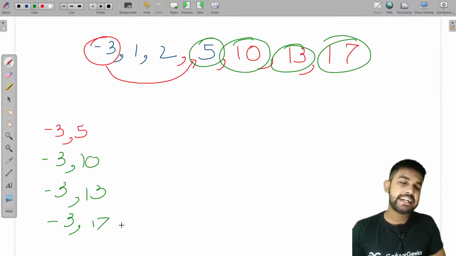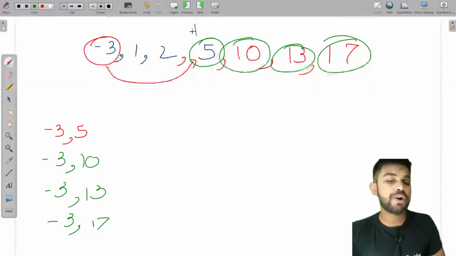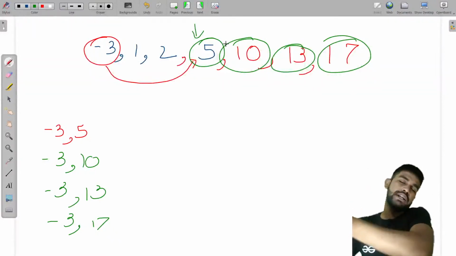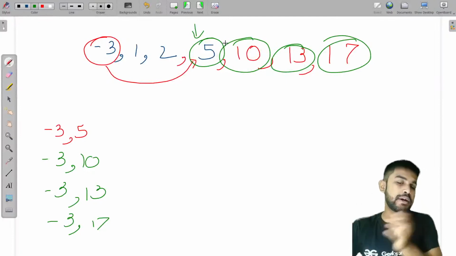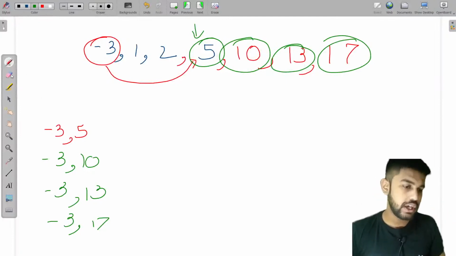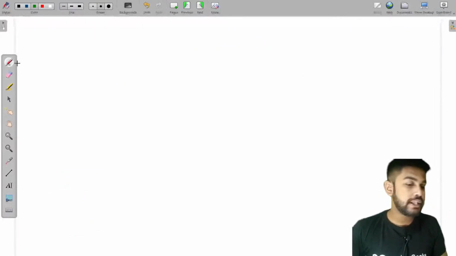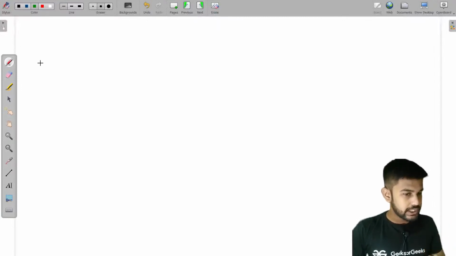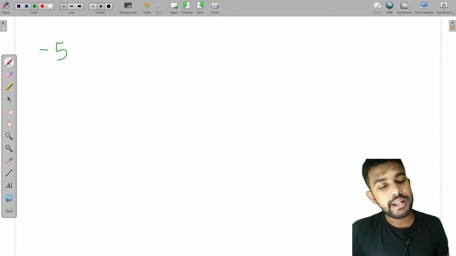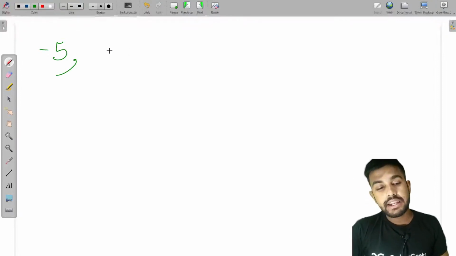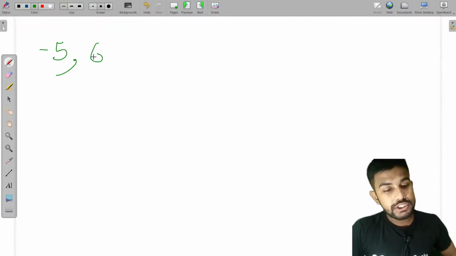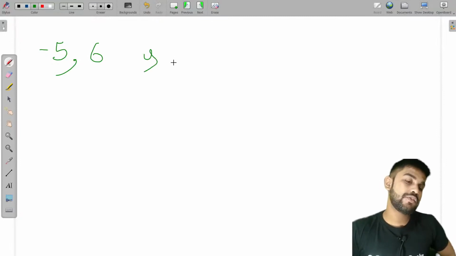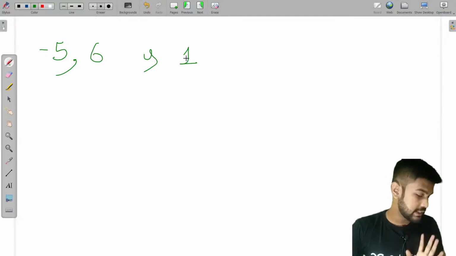How would it facilitate our answer? Because suppose we found a match, then all the other numbers which are greater than that number would also be a match. Now I am explaining the concept which tells us that we need to sort the array. Suppose we have minus 5, and if we add 6 to it, then the answer would be 1, which is greater than 0.